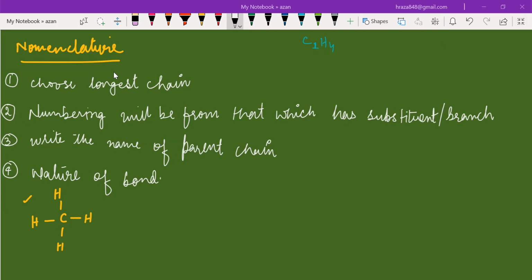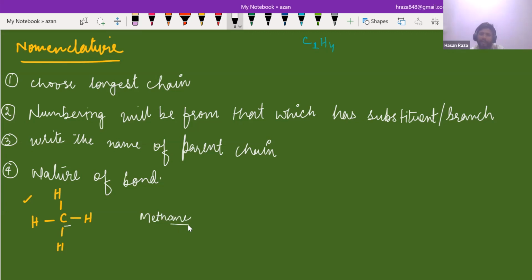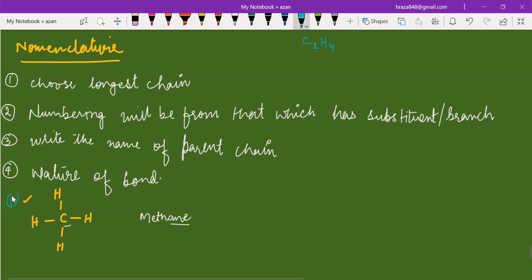Okay, sir. Done, sir. Very good. So as you can see, this is one carbon, that means meth, and since it is alkane, the name ends with ane. Is that clear? Yes, sir.